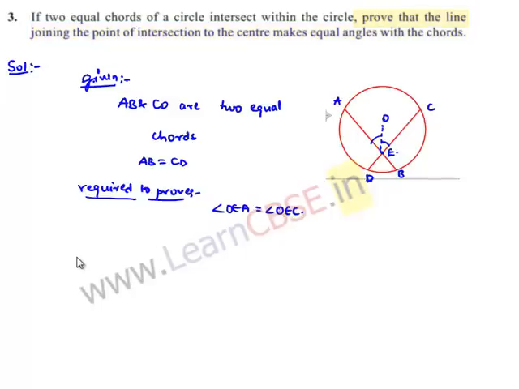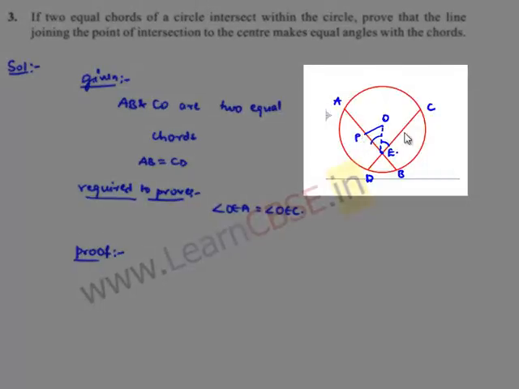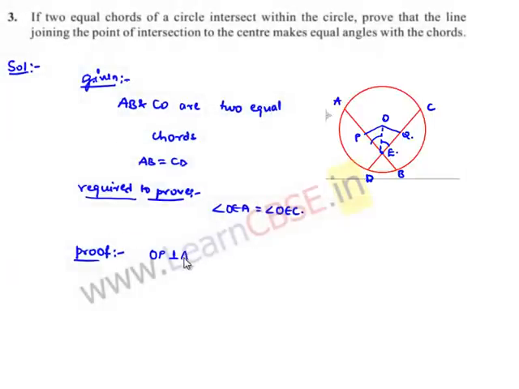Now, in order to prove that, let us draw perpendicular OP to the AB chord and perpendicular OQ to the CD chord. Therefore, here we have drawn OP perpendicular to AB and OQ perpendicular to CD.